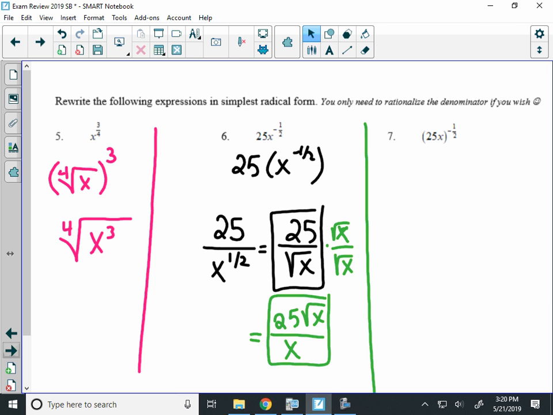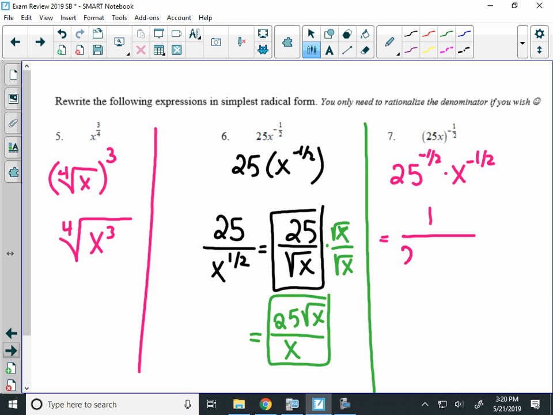7 is similar. So this time I have the whole quantity, 25x raised to the -1/2. So that would be 25 to the -1/2 times x to the -1/2. Because they're both negative, they go to the denominator of my fraction, which would be 1 over the square root of 25, which is 5 square root of x.